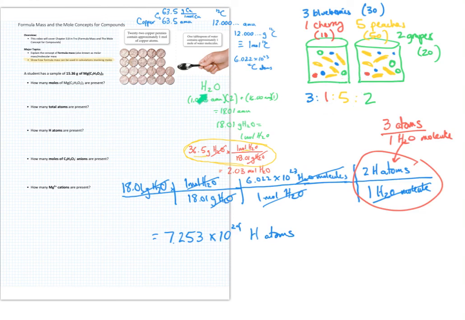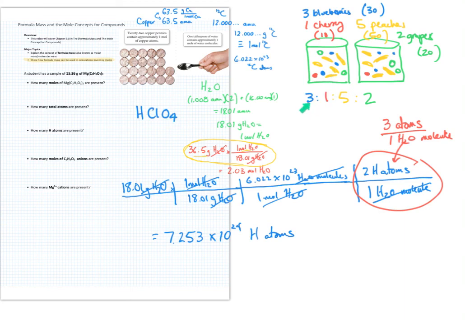Well, that's what you have with the chemical formula. You have 2 hydrogens for every 1 oxygen. If you have something like, let's say HClO4, you have 4 oxygens, 1 chlorine, and 1 hydrogen. In every one of these molecules, you've got a 1 to 1 to 4 ratio.